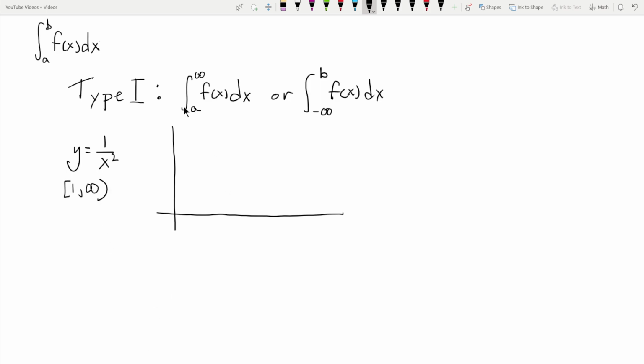Okay. So 1 over x squared looks like this, and it approaches the x-axis.